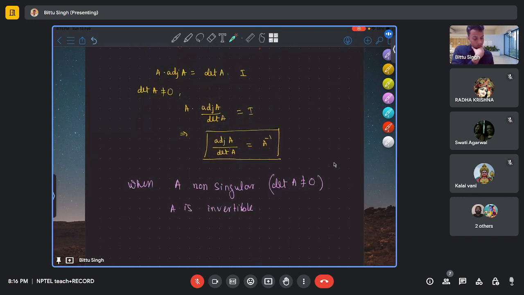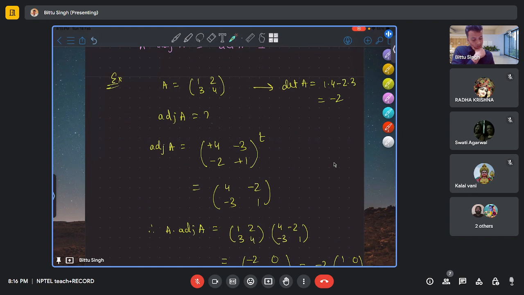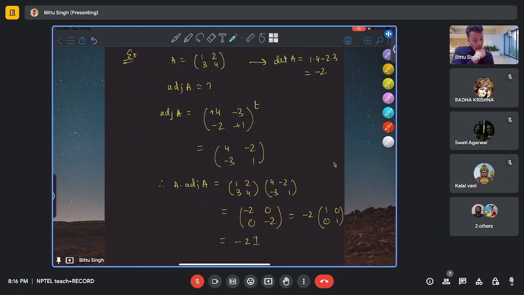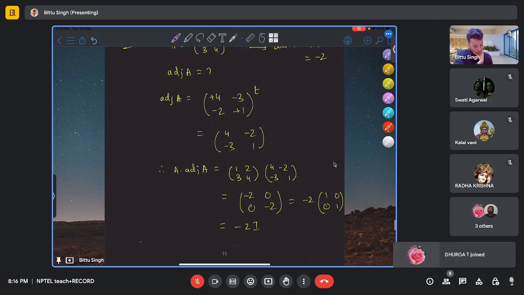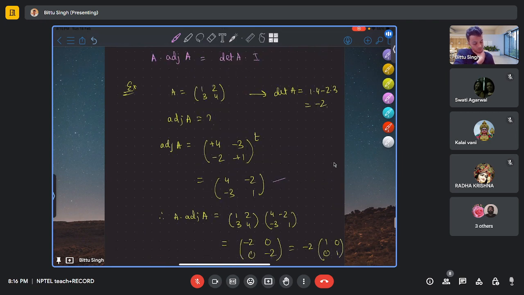Let us find the inverse. If you consider this example A, what will be the inverse of A? Using this formula, A inverse is the same as adjoint of A by det A. Now the adjoint of A is given by this, and the determinant is minus 2.